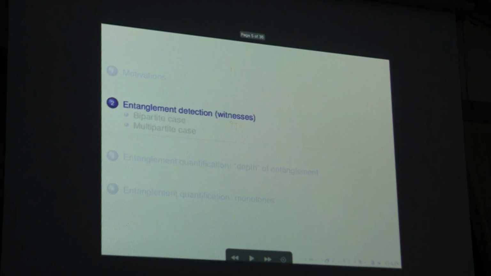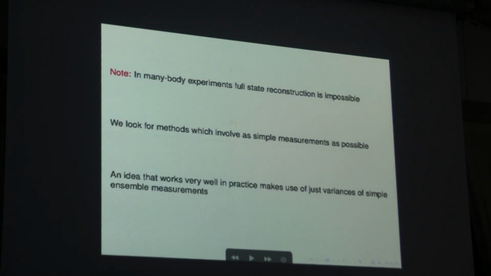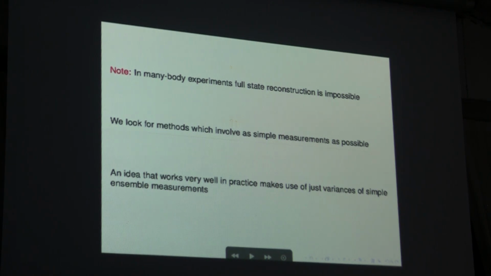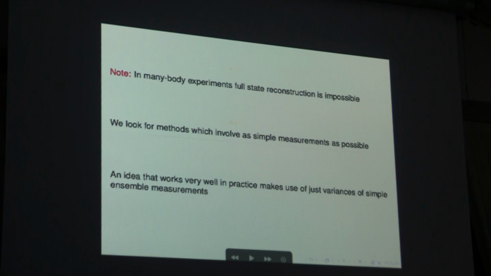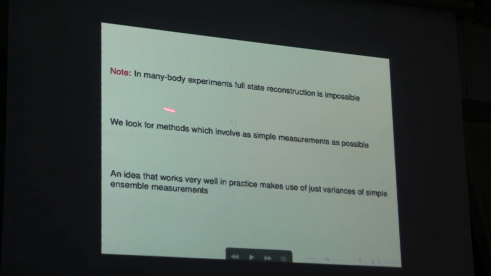But anyway, the first thing is to detect whether you have a state which is separable or not. And one should note that I'm focusing on many-body experiments, so not only two spins, but you have many particles, and you cannot really distinguish the state of the individual particles, so you cannot make a full tomography of your state. That's simply impossible.